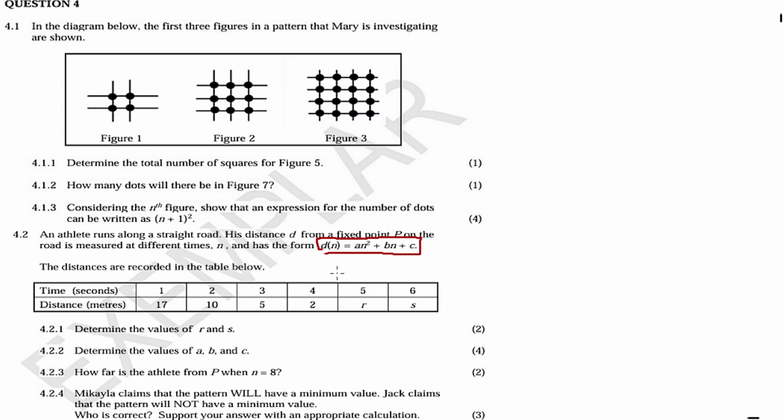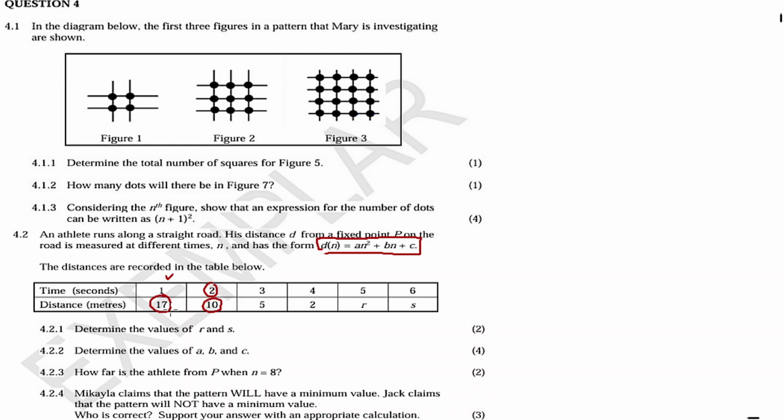So this athlete, at T1, is 17 meters away from the destination point, right? Two seconds later, he is now approaching the destination. So the distance to that destination point is decreasing.